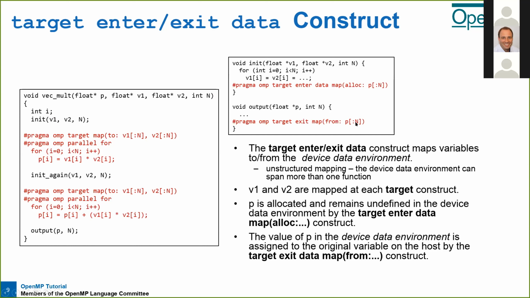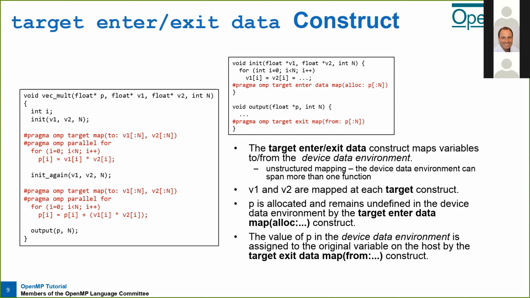That means P is being mapped back from the device to the host. So P is allocated on the device in whatever initializer your code is using, and then the result is taken back from the device to the host whenever you clean up the device environment.